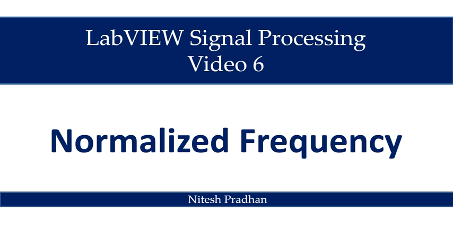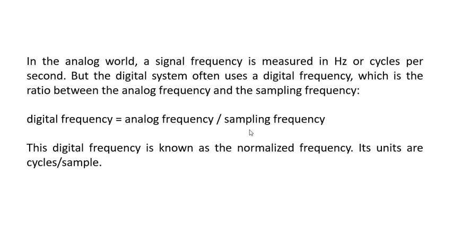Okay, how can we normalize the frequency? For frequency normalization, in the analog world, frequency is measured in hertz or cycles per second, right? But digital systems often use digital frequency, which is the ratio between analog frequency and sampling frequency.